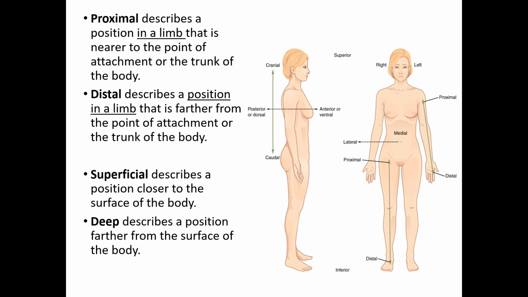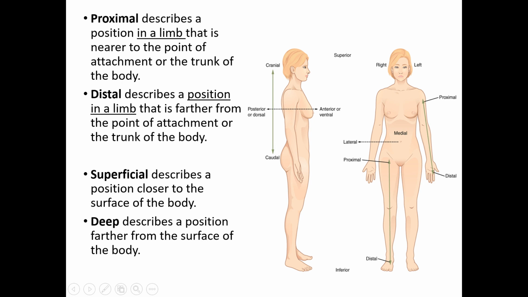The next pair of directional terms are proximal and distal. Pay attention, in 99% of cases we use those two terms, proximal and distal, only when we are talking about our arms and our legs. Our arms have a point of attachment right here in the shoulder. Our legs have a point of attachment to the body too, right here. So when some structure on the arm is closer to the point of attachment, it will be proximal.